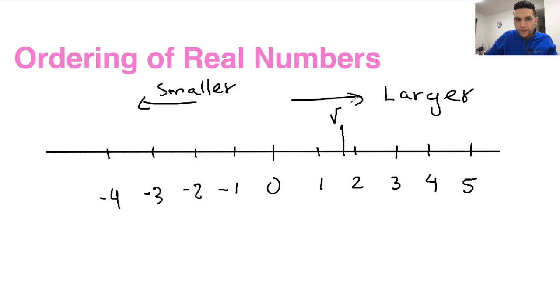Like around here, we're going to have the square root of 3. And then a little bit greater than 3, we're going to have our pi. Maybe around here, we're going to have negative 2.6. Very basic concept that you should know, but I just wanted to go over it real quick.